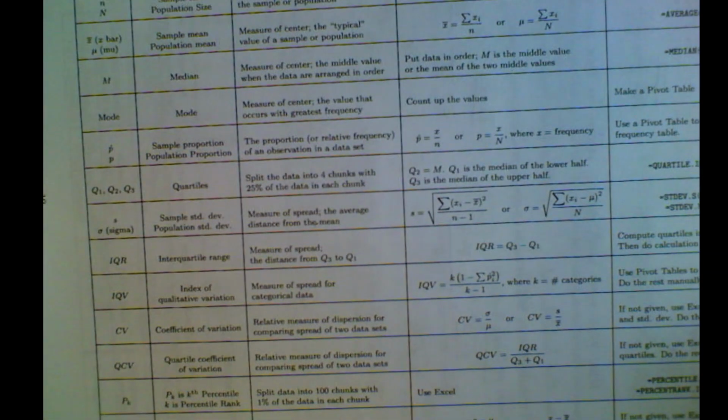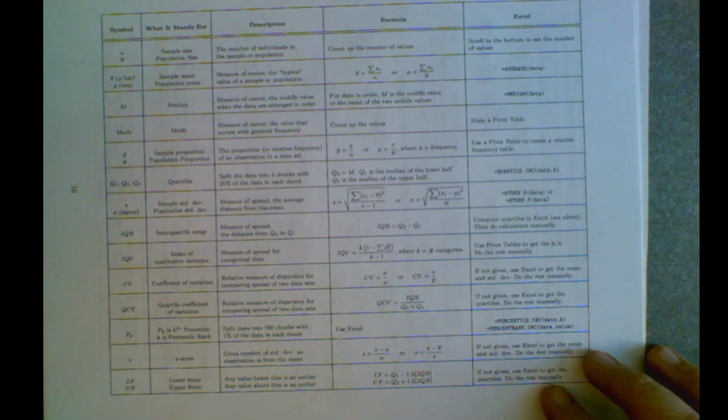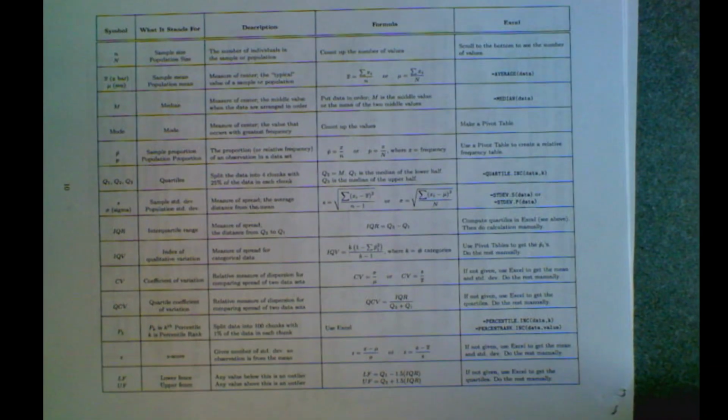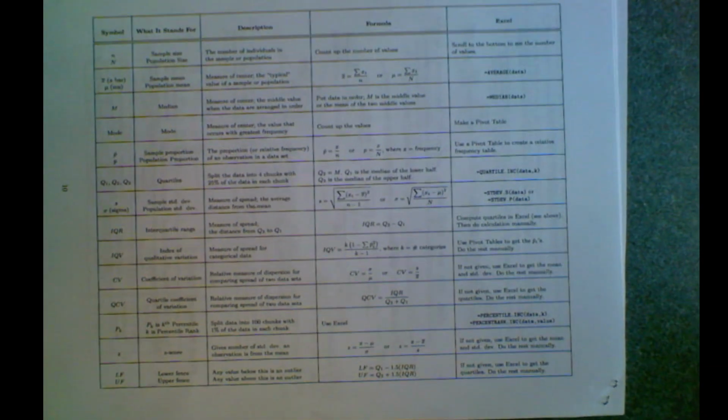The last page is just a table that I've already posted on Canvas. I don't think I can even zoom out to show you the whole thing, so I'll hold my doc cam up so that you can see the whole thing. But this is another good resource that I would keep on hand.